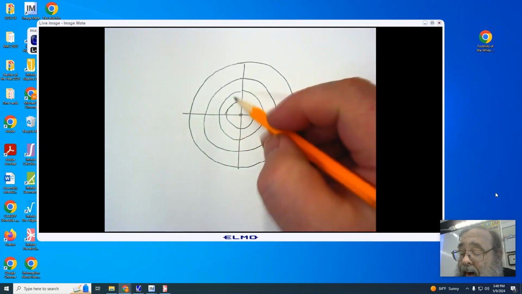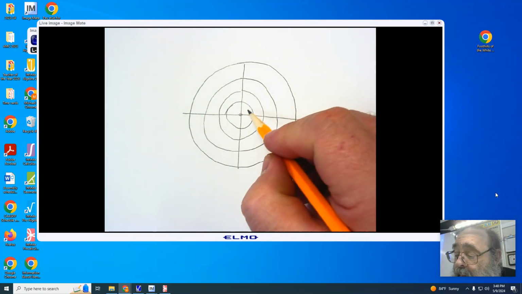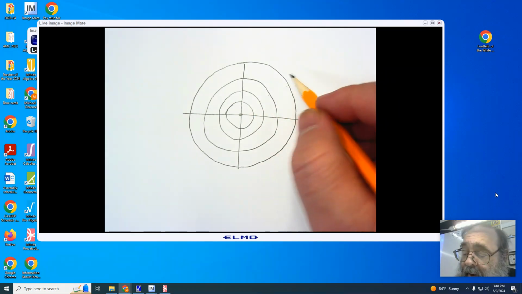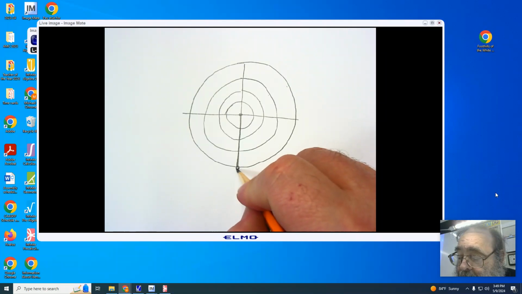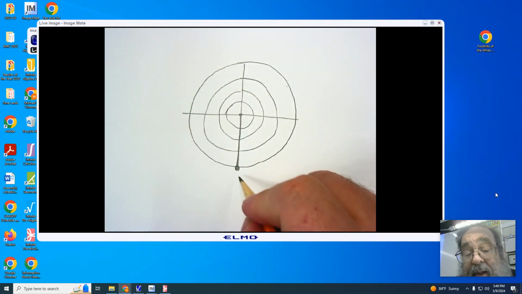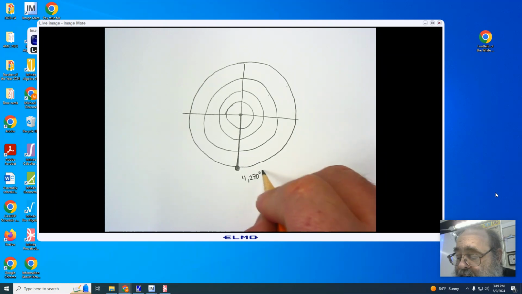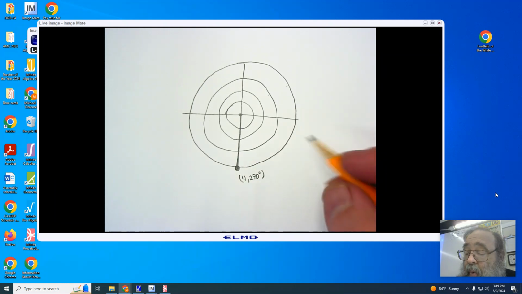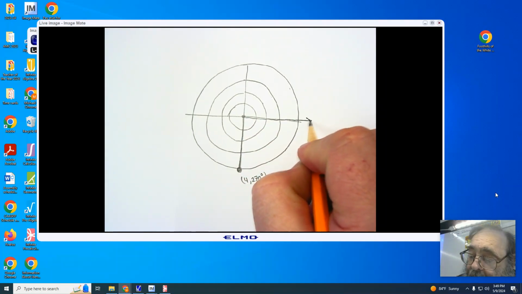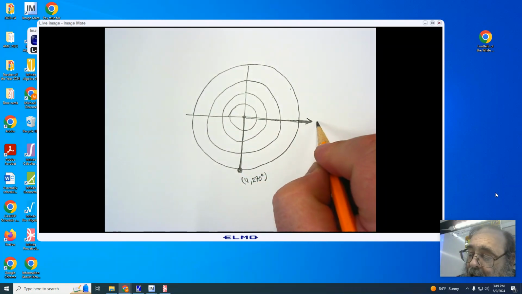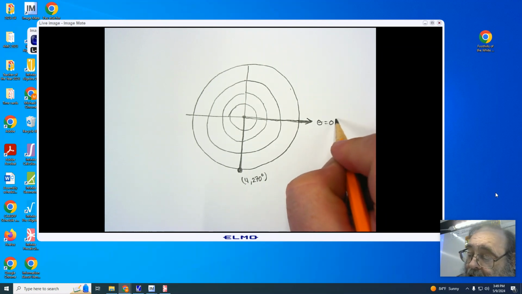Now I'm going to take a point, 1, 2, 3, 4, and I'm going to say that it's at 270 degrees. We're going to put our point right down there. The way we got to this point is we started in standard position, on our axis right here at theta equals 0 degrees.